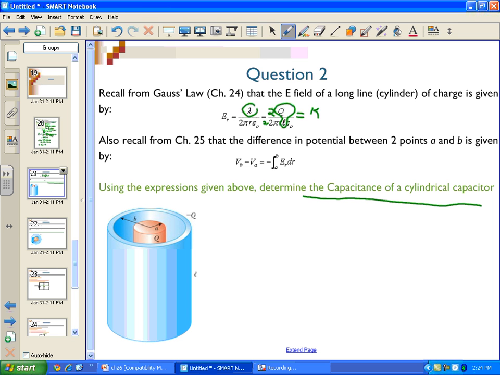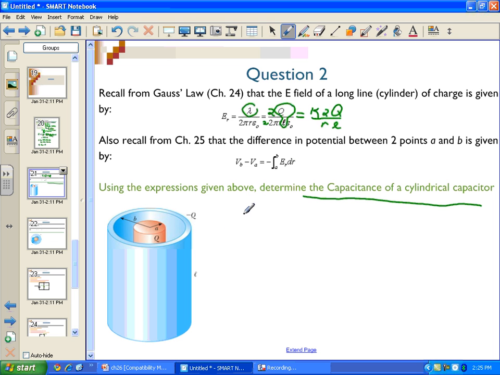This can be written as K times 2Q divided by R times L. Also from chapter 25, we know that the potential difference between the plates of the capacitor, or any 2 points, point A, the radius of capacitor 1, point B, the inner surface of capacitor 2, is given as the negative of the integral of the electric field times dr.